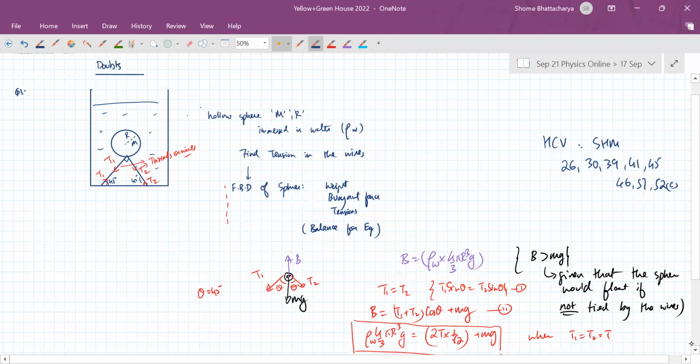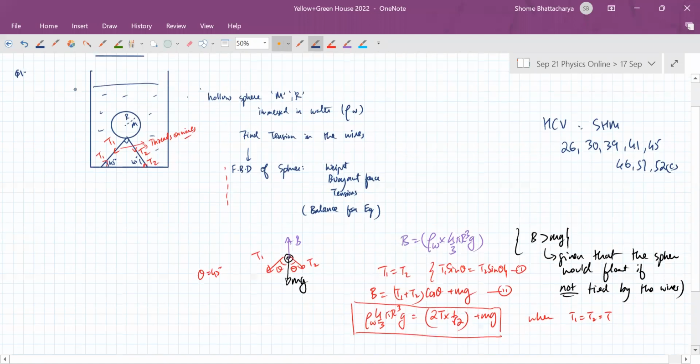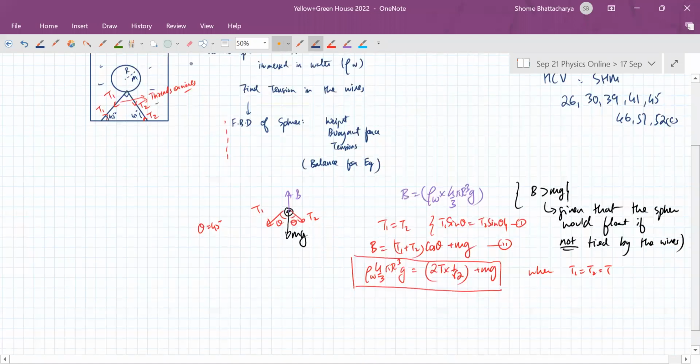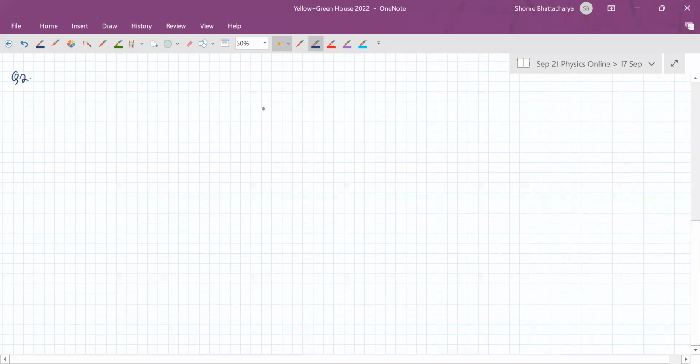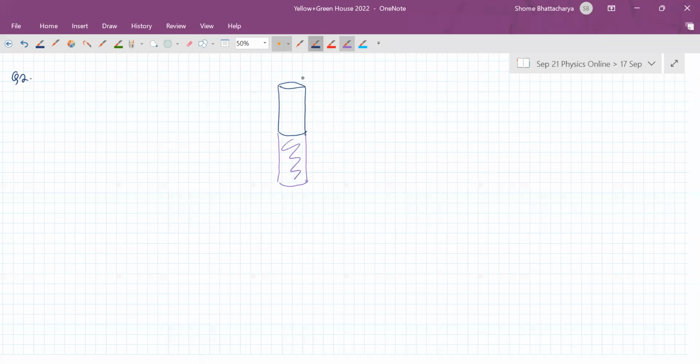So the next question also is to do with the concept of buoyant force. So it says that we have a combination of two cylinders which are of same cross section and length. Okay, so we have, let's say, two cylinders which are made of different materials but having the same cross sectional area and the same length.